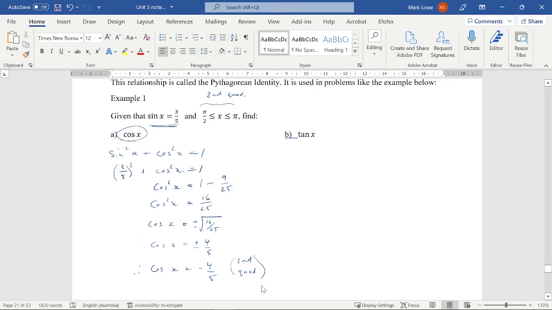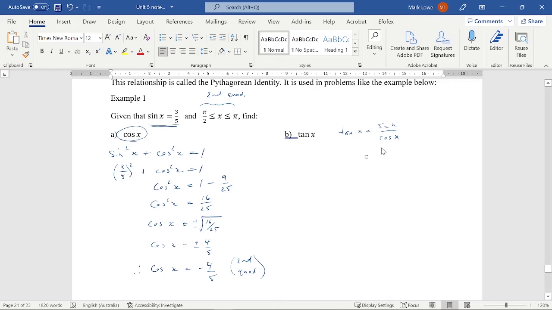So we've got cos x. Now how do we find tan x? Well, we know that tan x is equal to sine over cos, so tan x equals sine x over cos x. We know sine and cos of our angle x now, so we can replace them with those values.